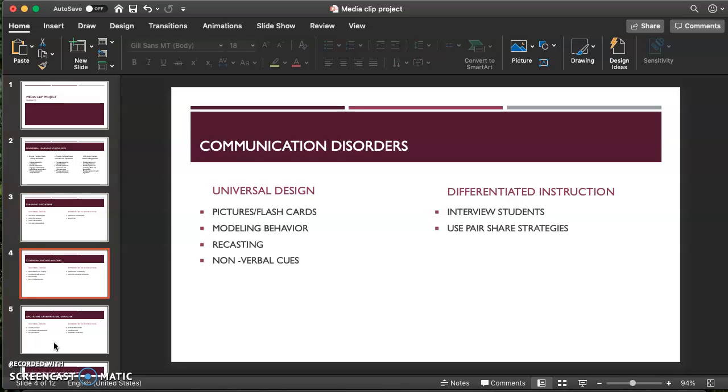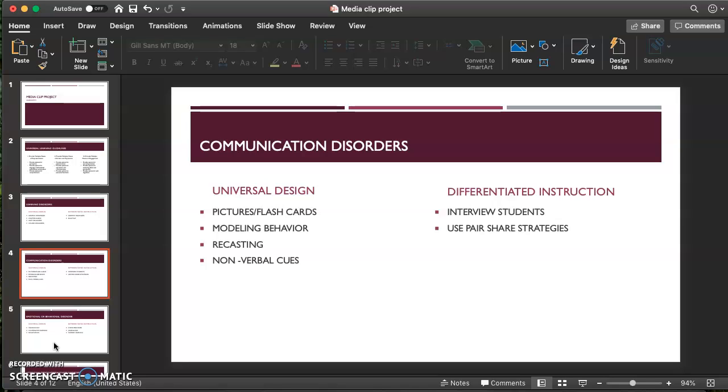For communication disorders, that could be anyone who has issues speaking or maybe language issues, difficulty holding conversations. For this one, a good differentiated instruction would be maybe interviewing students, having that one-on-one time so they're able to discuss with the teacher and talk to them about what's going on with them in the class.